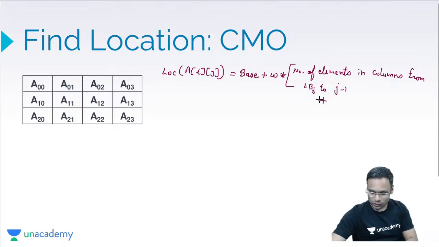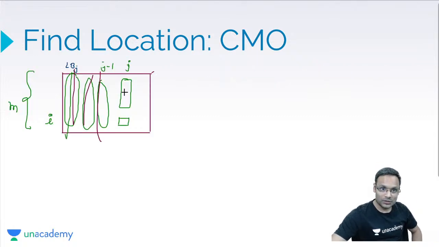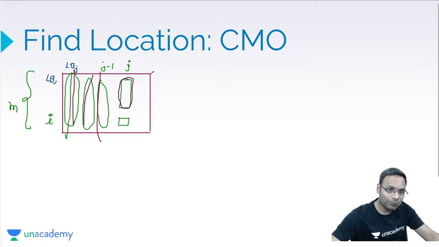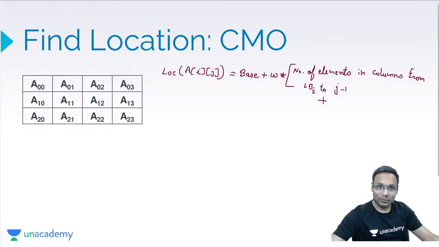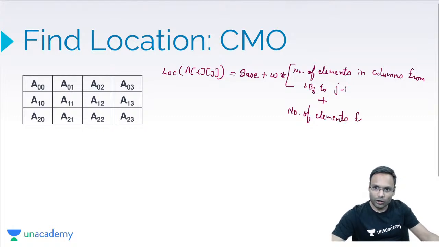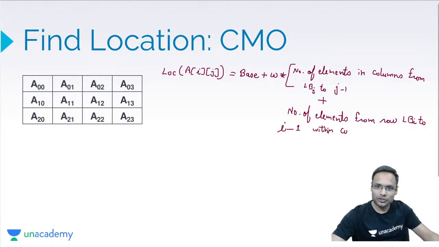After that, when you have stored all the columns, within the jth column, from here to here, how many elements? That depends on the lower bound of rows I. So I am writing plus number of elements from row LB of I to I minus 1 within column j.